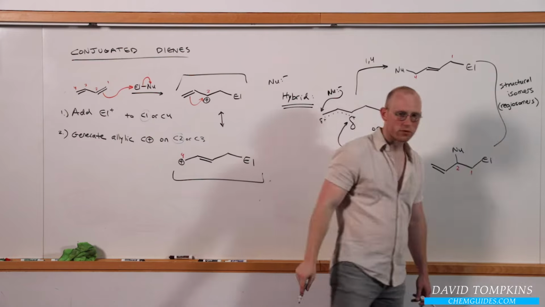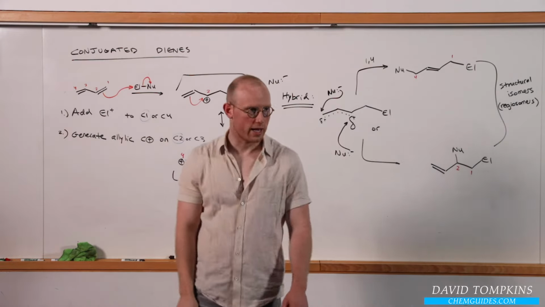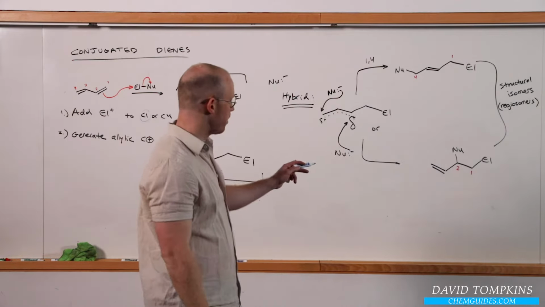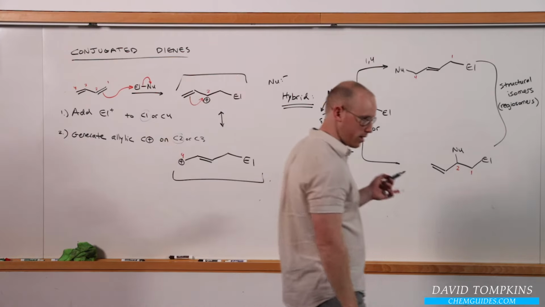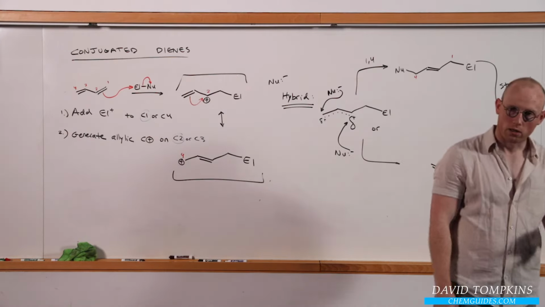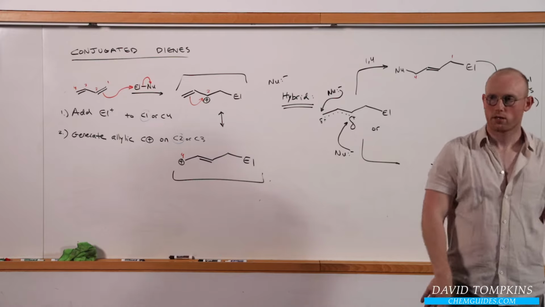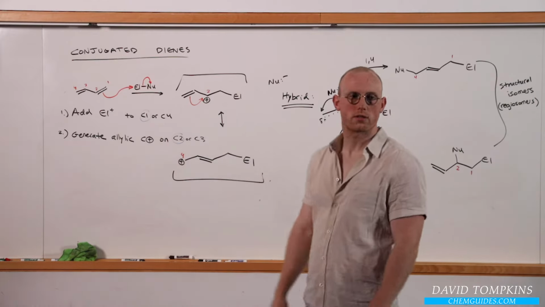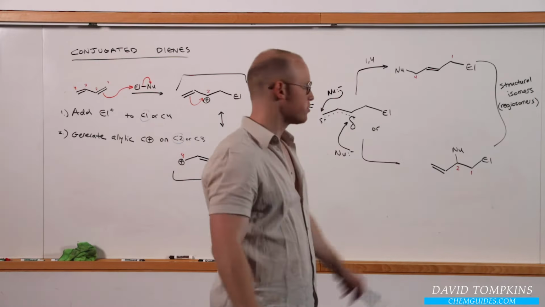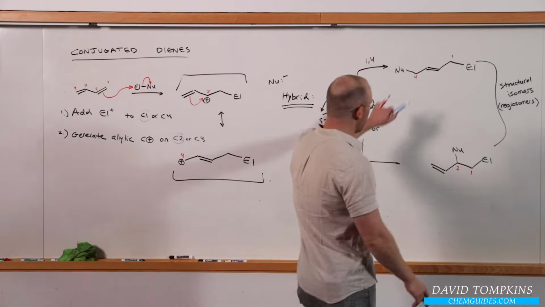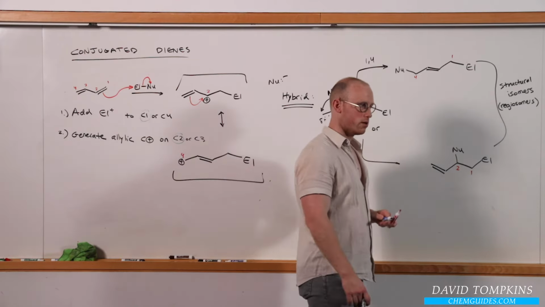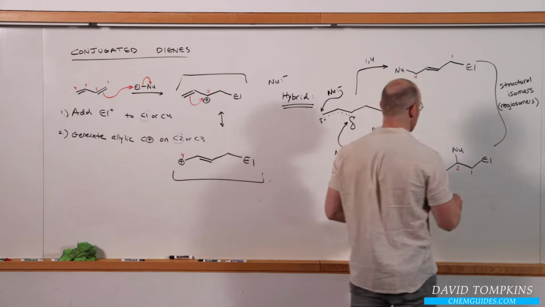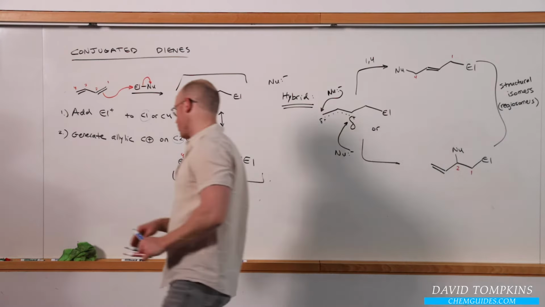And which one is favored is going to depend on the conditions of the reaction. It will depend upon whether the reaction is under kinetic, which means the faster product wins, or thermodynamic, which means the more stable product wins. Which one of those conditions is controlling the reaction will tell you if it's 1,4 or 1,2 that is major. So that will dictate regioselectivity.